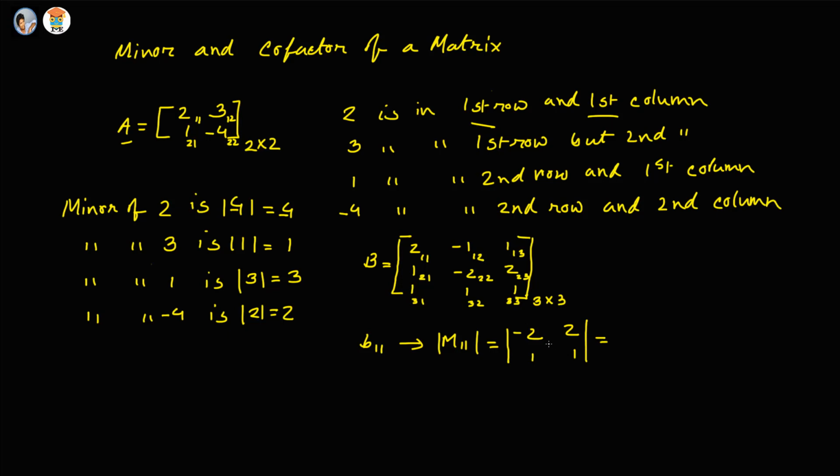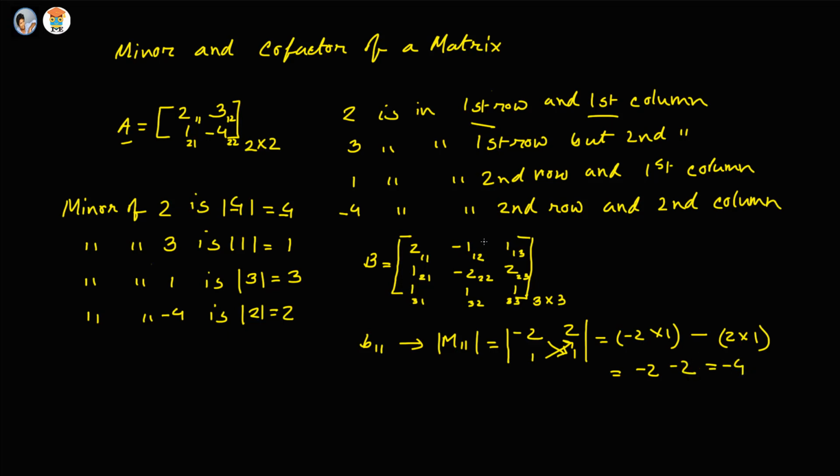Find that out. What we have to do, we have to multiply this with this. So this will be -2 into 1 minus this multiplied by this, which will be 2 multiplied by 1. Okay, we are doing cross multiplication, this with this and this with this. Now here we will have -2 and here also we will have -2, so this will be -4.